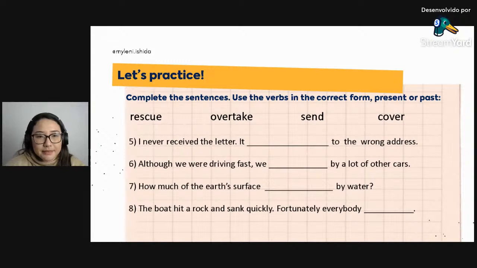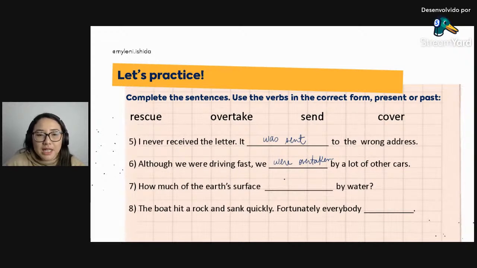So let's see. Number 5. Good job. I never received the letter. It was sent to the wrong address. Past participle, okay? Although we were driving fast, we were overtaken by a lot of other cars.